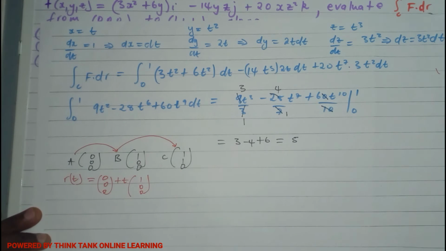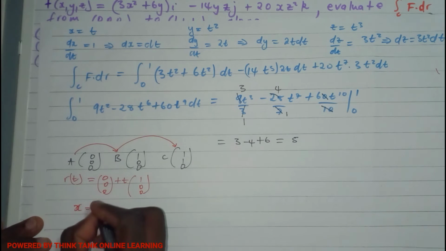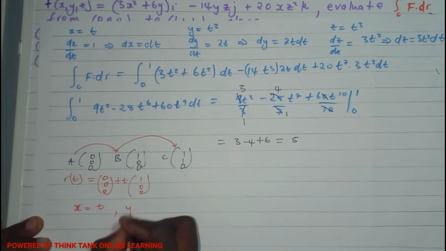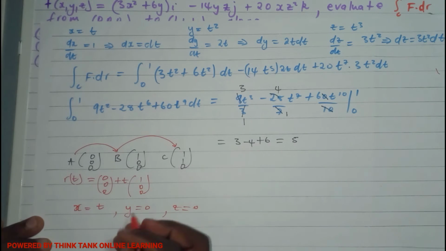So that means x is going to be equal to t, y is equal to 0, then z is equal to 0. If y equals 0, that means dy is equal to 0.